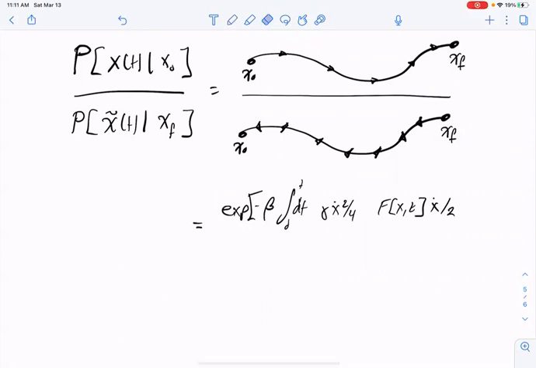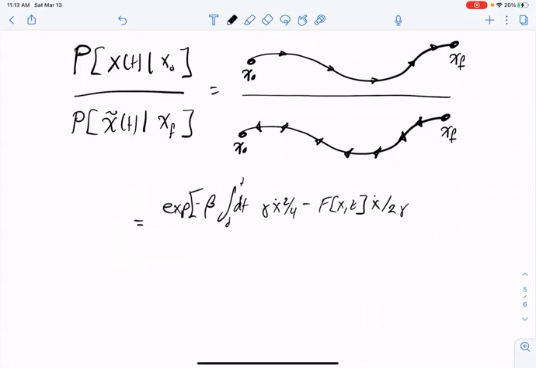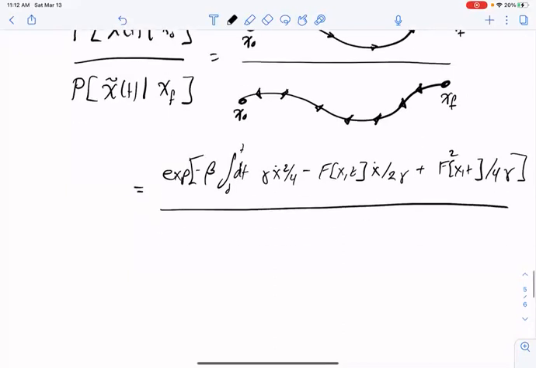Sorry, that's a minus. And over gamma. And then an f of x, possibly t, squared over 4 gamma. That's the probability that that path was drawn in the forward direction.